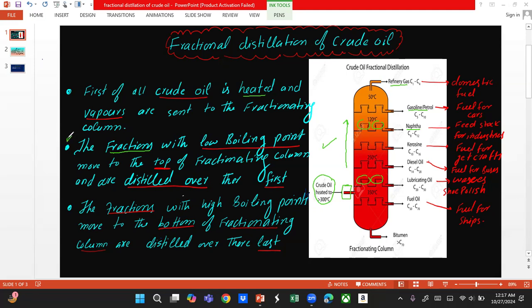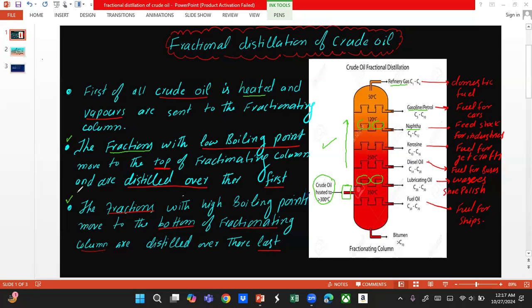And the second important point: the fractions with low boiling point move to the top first, and then the fractions with high boiling point will move to the bottom of the fractionating column and will be separated over there at last. Hope you understand.